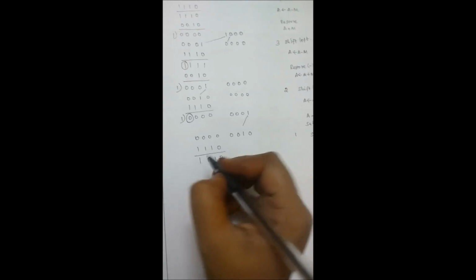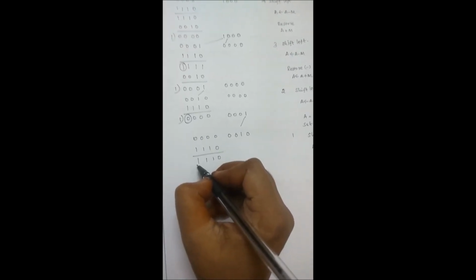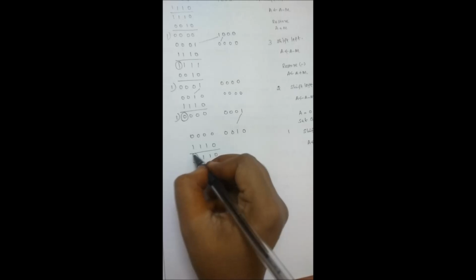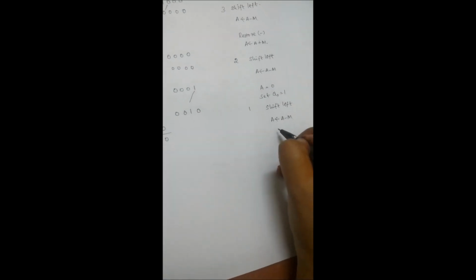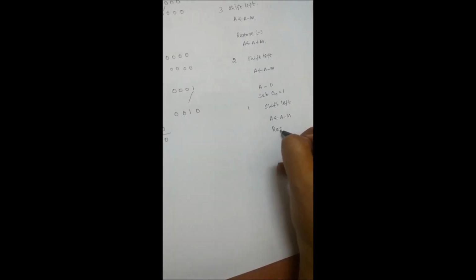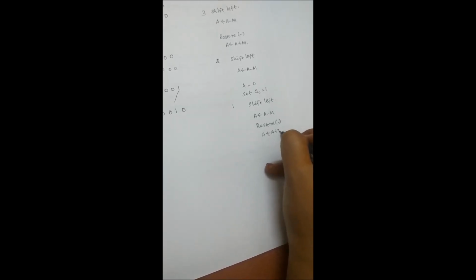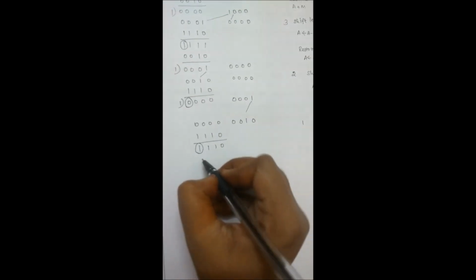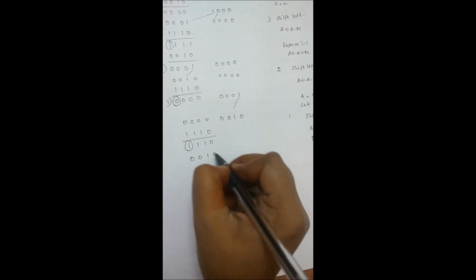Again, if this value is 1, we are going to restore it. So restore the negative value. For the negative value, we perform A plus M. The value of M is 0 0 1 0.